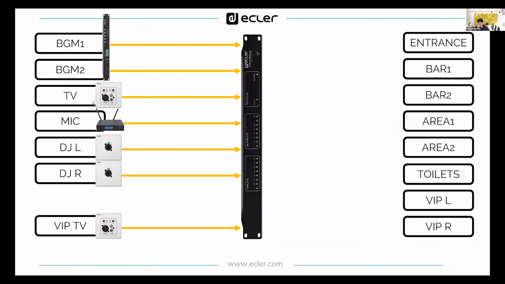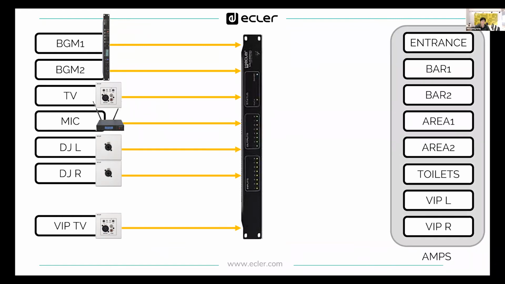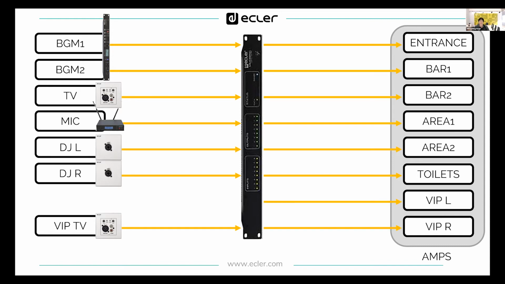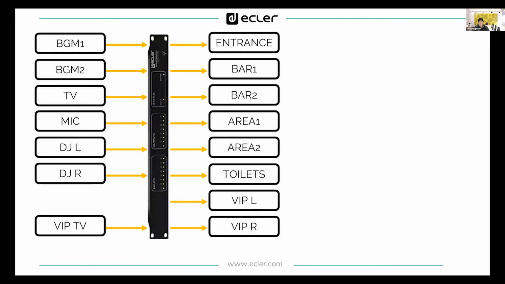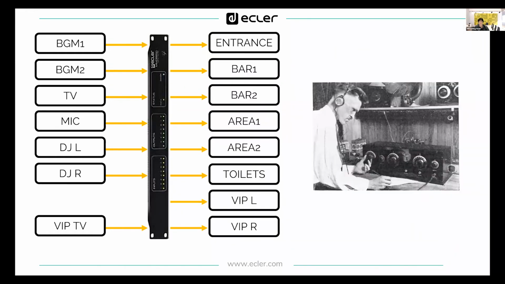Okay, we connect all these into the matrix. And here we have the amps and the loudspeakers, so I will not talk about this because we are just talking about EclerNet devices. Okay, so we connect all these, and here you will want to adjust levels in each and every zone.